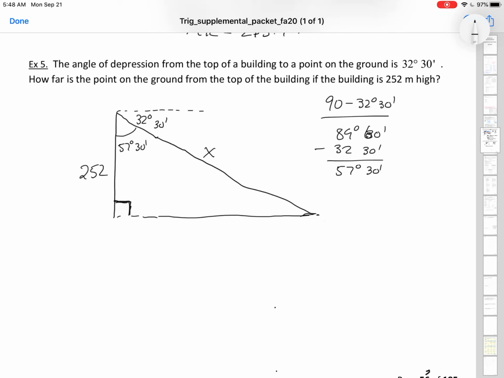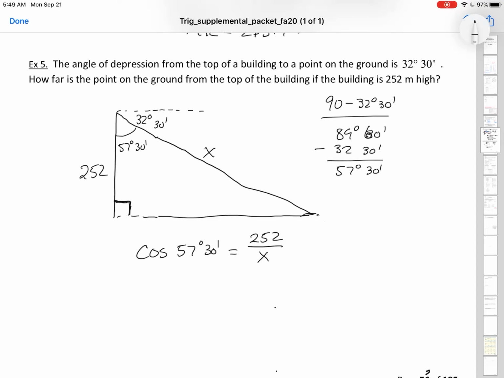So what do you know? The cosine of 57 degrees 30 minutes is equal to the adjacent side, 252, over the hypotenuse. We're going to use the cosine, because we want the hypotenuse length and we're given the adjacent side.